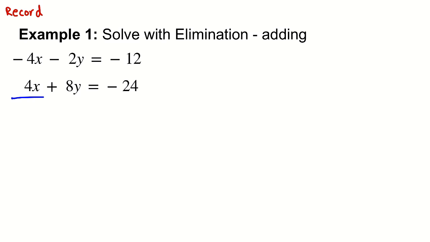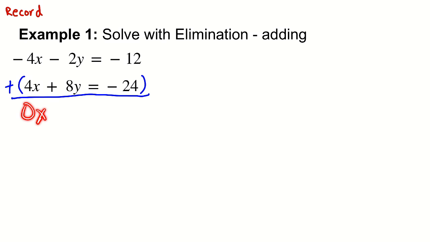What we're going to do, and this is the way that I show it, I put parentheses around the whole equation and say that we're going to add that whole equation to the first equation. So when we do that, we add the negative 4x to the positive 4x, and we get a 0x.